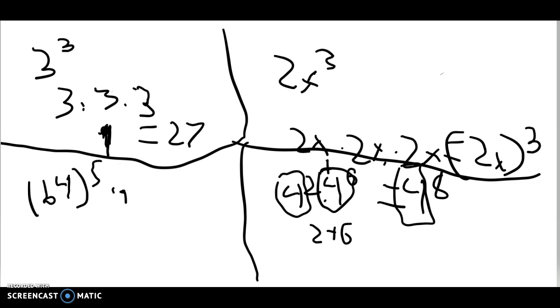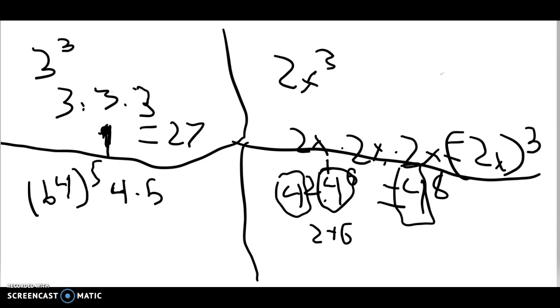Because b to the power of 4 is to the power of 5, that means you have to multiply 4 times 5 to get your answer.